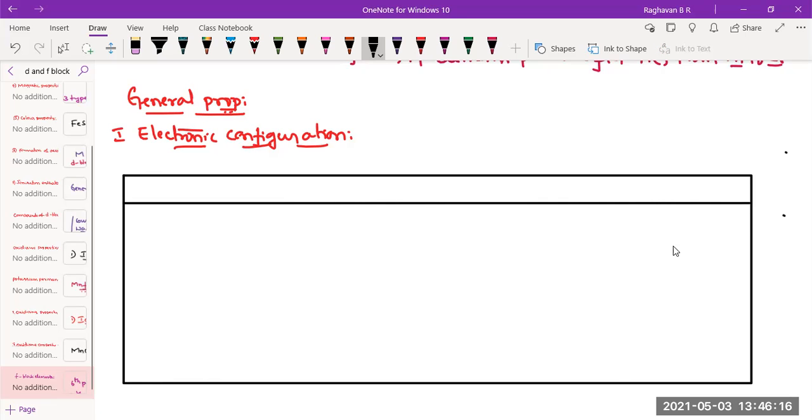First one, lanthanides, their atomic numbers, general electronic configuration.